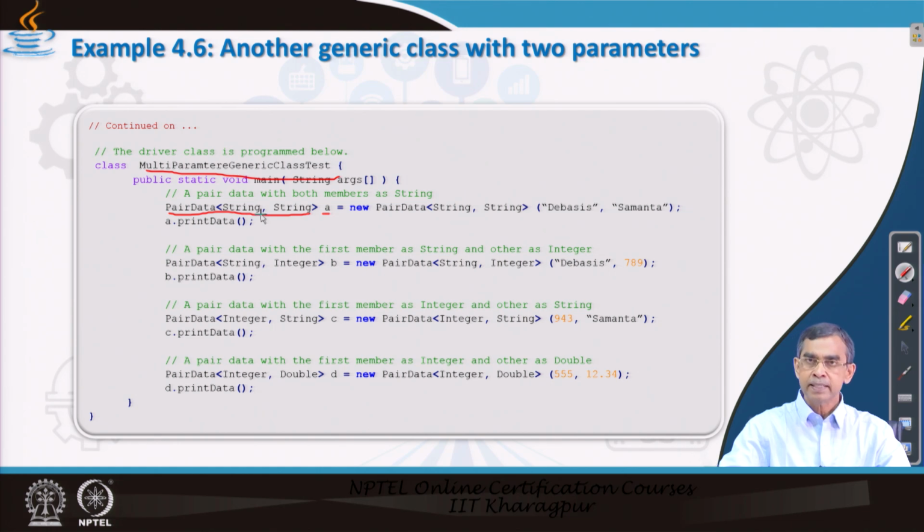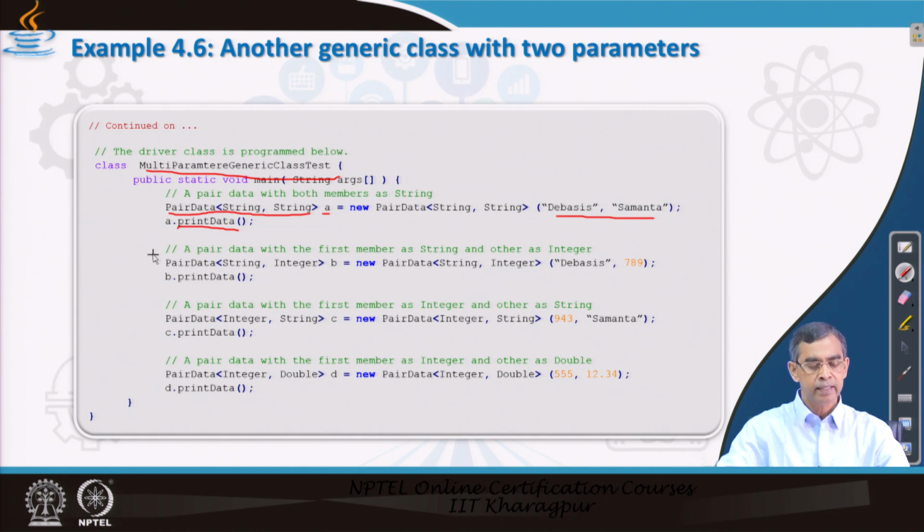The first element is string, the second element is string, and then we pass the values of the object to this A. So, X and Y of this object store these values, and this print will basically print these two elements.